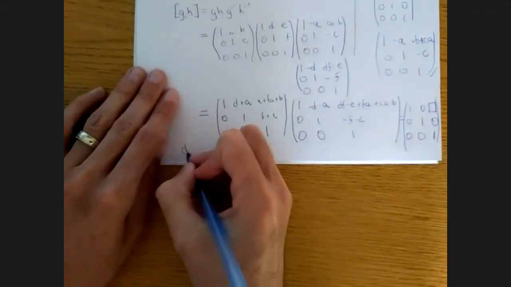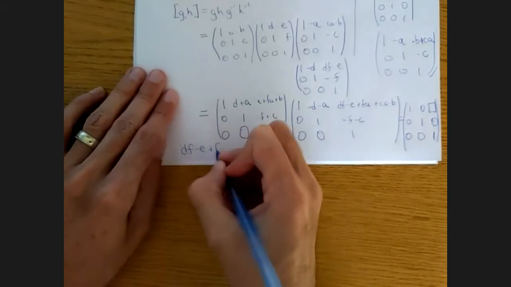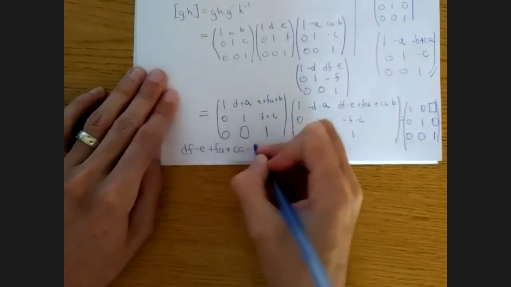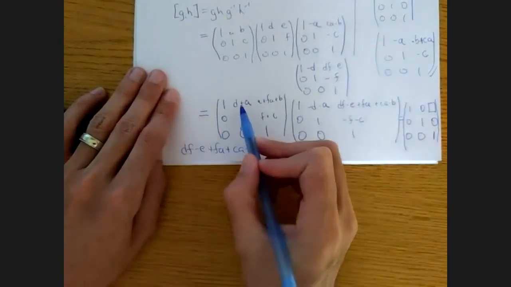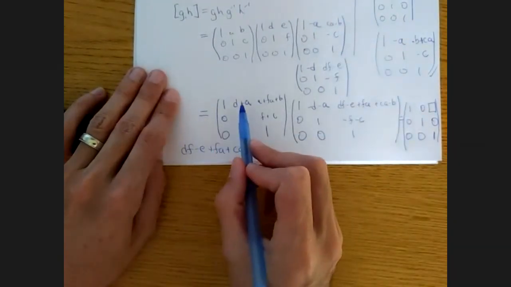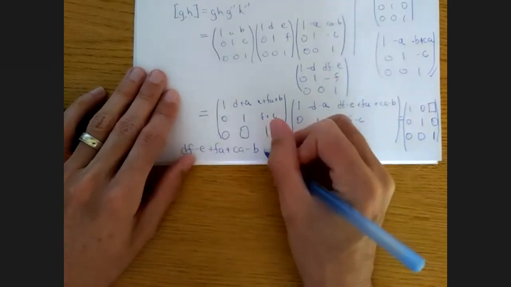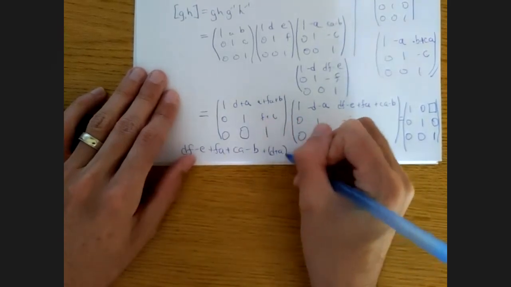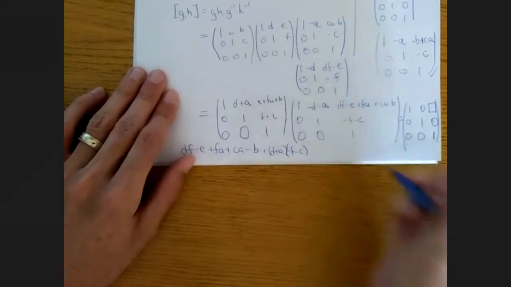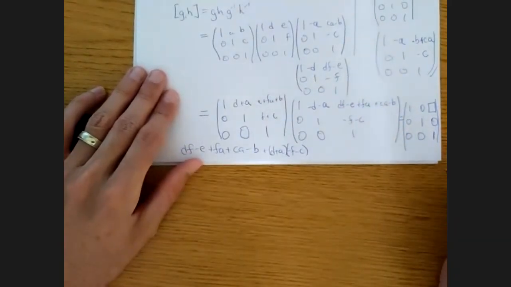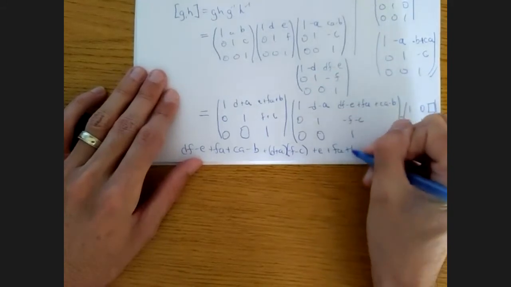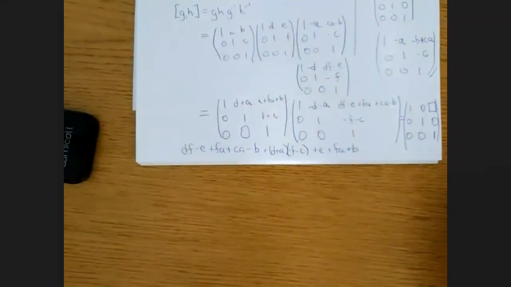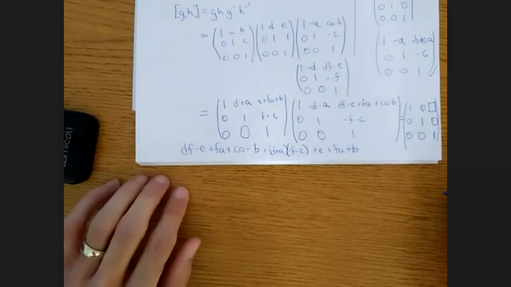It's like DF minus E plus FA plus CA minus B times 1 plus D plus A times minus F minus C, and then plus E plus FA plus B. And let's see, there's a bunch of cancellation you can do.